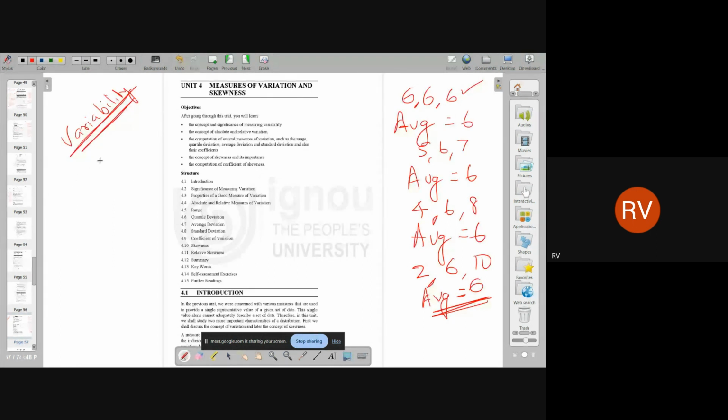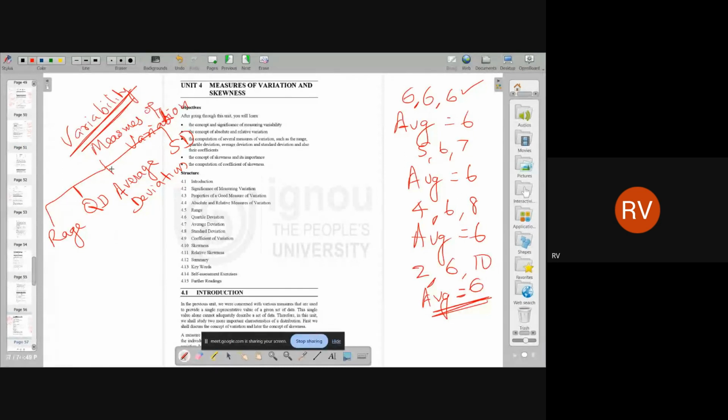There are several measures to find variability, the measures of variation. The first is range, then quartile deviation, then average deviation or mean deviation, then standard deviation.